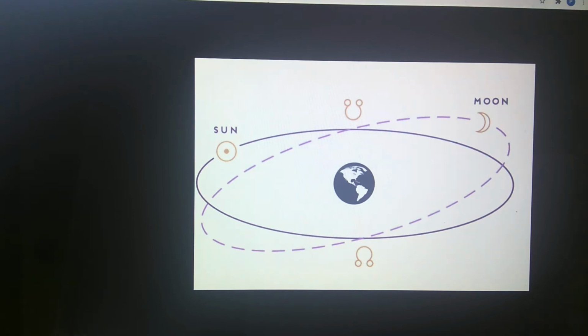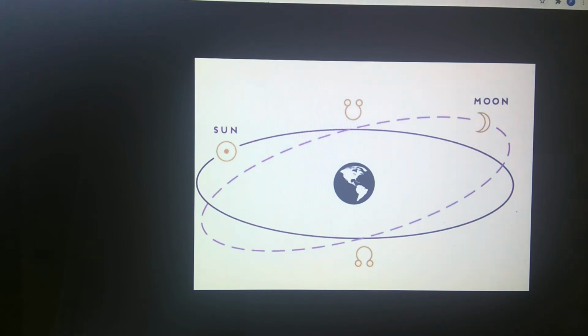So you can say your South Node, wherever it is, represents maybe your soul family, the kind of people and environments that you've habitually been around over various lifetimes.